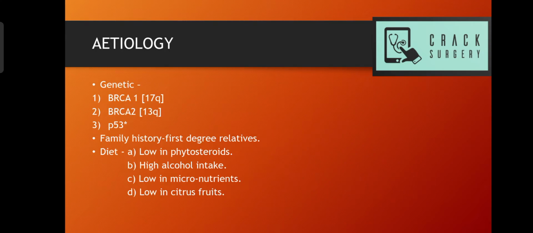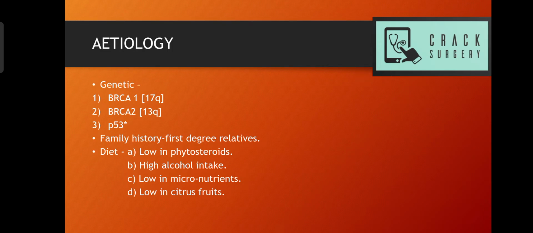Etiology. There are three gene mutations responsible for CA breast. First is BRCA1, present on chromosome 17. It is associated with hereditary breast carcinoma and ovarian tumor, and also with medullary carcinoma and triple negative carcinoma, that is basal carcinoma.